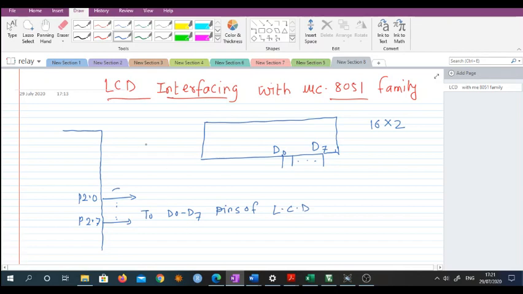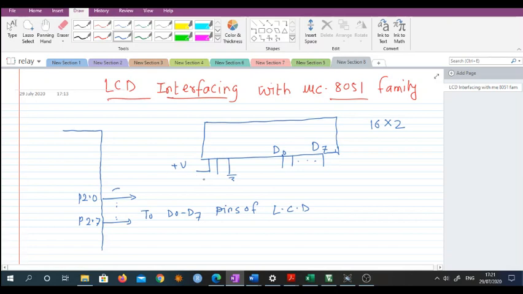Then, as I stated, pin number 1, pin number 2 and pin number 3 are very important as far as supply is concerned. One pin is the VCC pin, so we are giving plus 5 volt supply at that pin, then one is contrast control, and one is a ground pin.